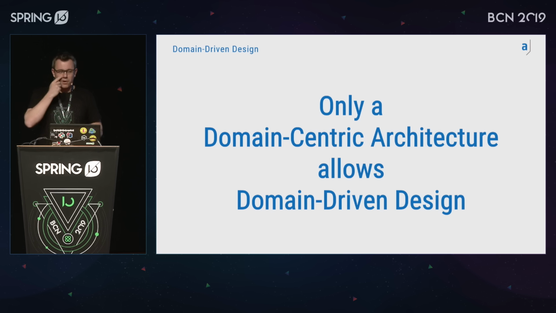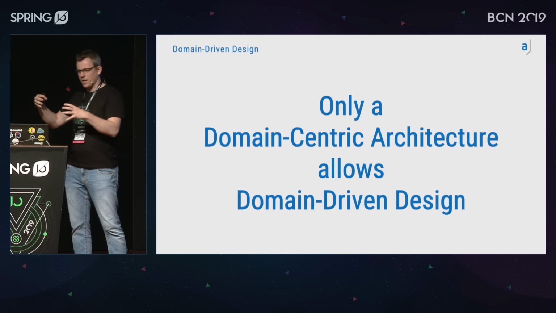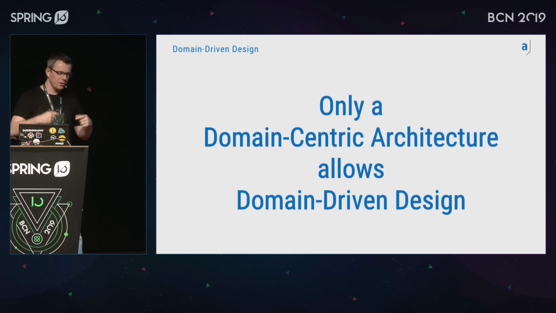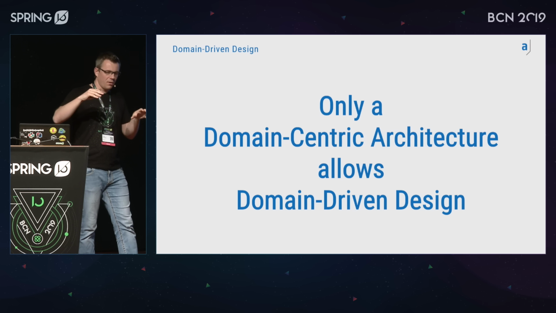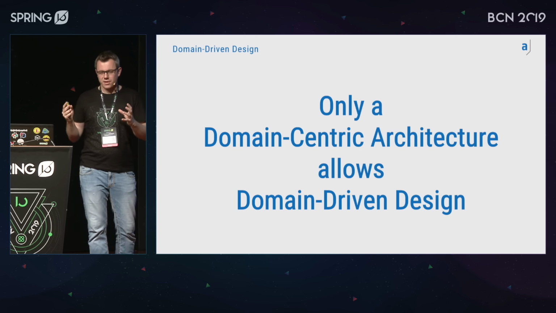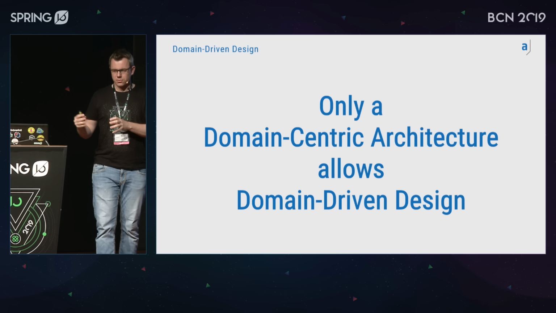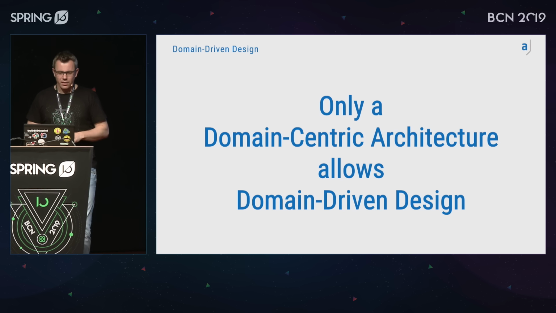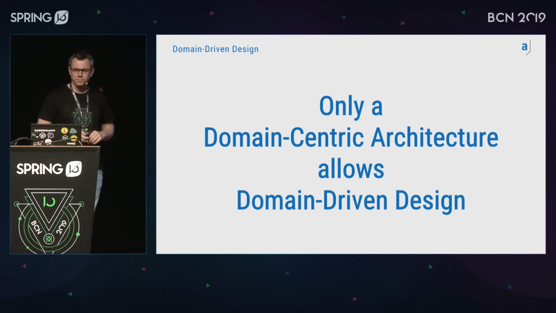And I go so far as to say that only a domain-centric architecture, which has the domain layer in the middle and dependencies pointing toward it, allows domain-driven design. Because only then can we design freely without having to think about certain technology issues. Maybe I only go so far, but the gist is that this is true.